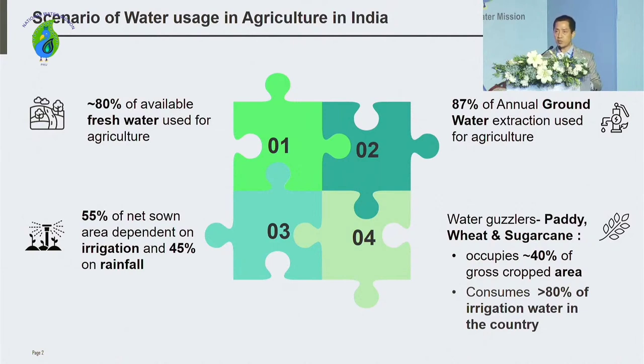So water use efficiency is not a choice, it is a necessity if we have to grow as an agricultural country. The main objective of water use efficiency is to cover more area under irrigation with the same volume of water. That is the challenge we are facing.